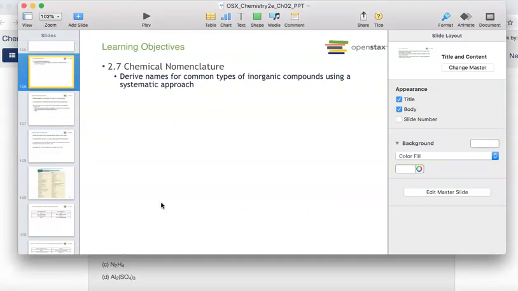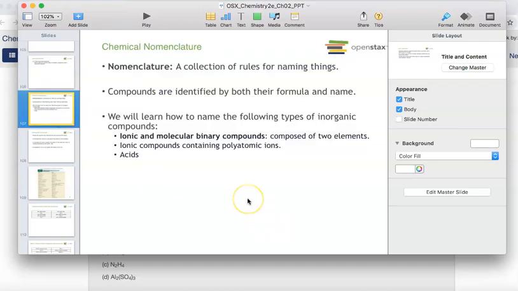All right, we're going to continue learning how to name inorganic compounds using a systematic approach. Nomenclature is basically a collection of rules for naming things. It's a very systematic process. Compounds can be identified with both their formula and their name.